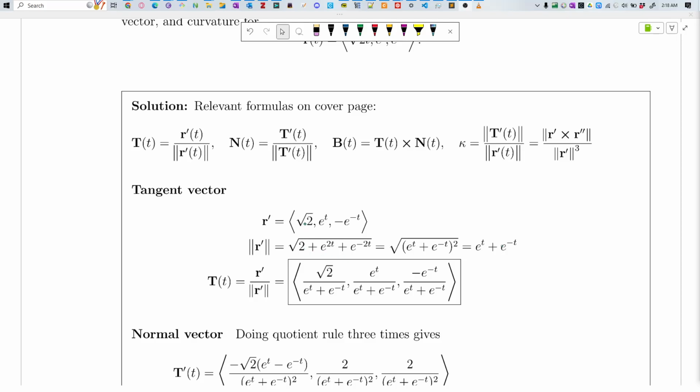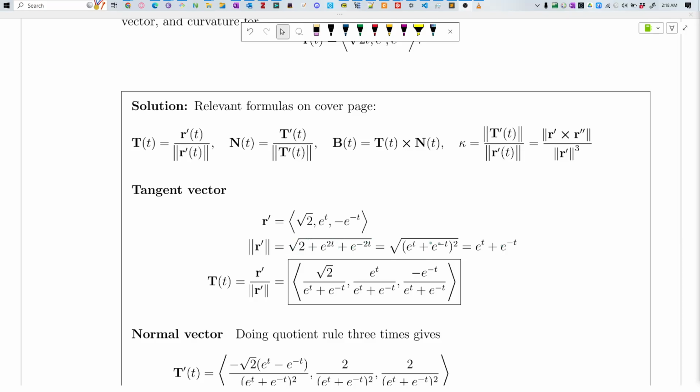So when you square each of these components and then put them in the square root, the thing that is really convenient to notice is that this is actually a perfect square trinomial. This is actually the quantity e to the t plus e to the minus t, squared. This too ends up being the middle term. You can imagine expanding this out, foiling this out, and you'll get this inside quantity.